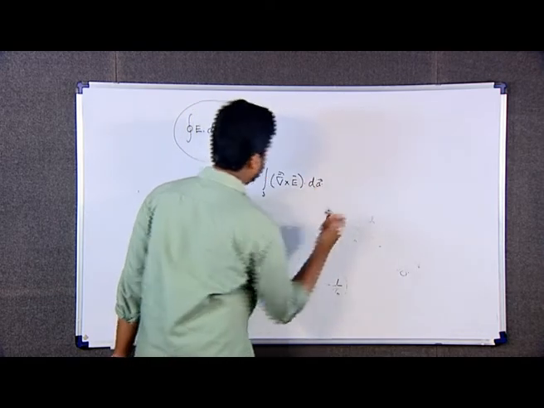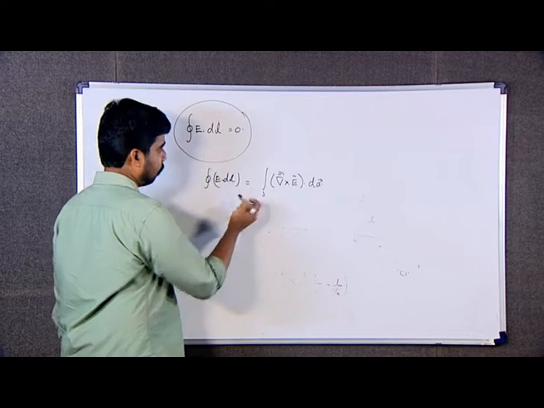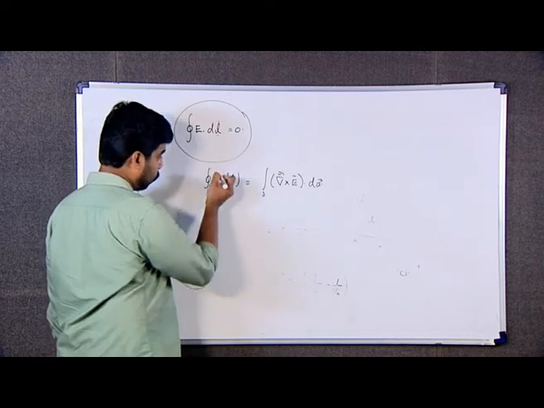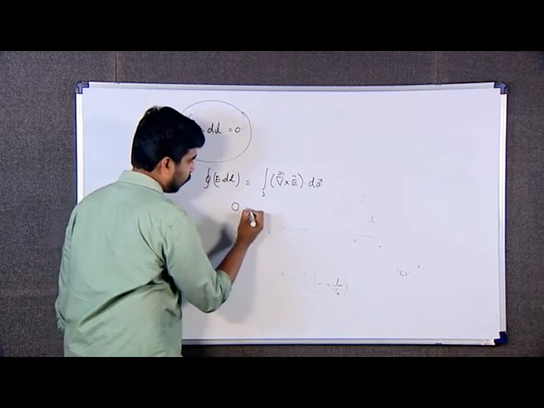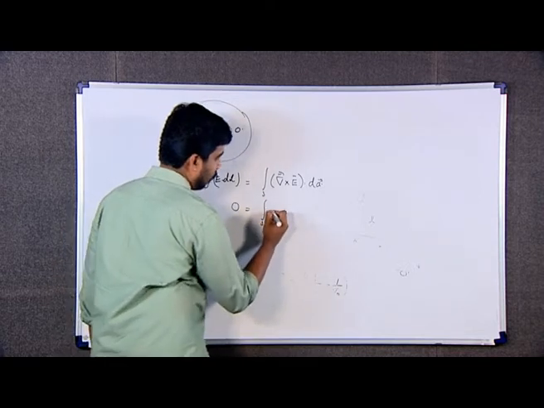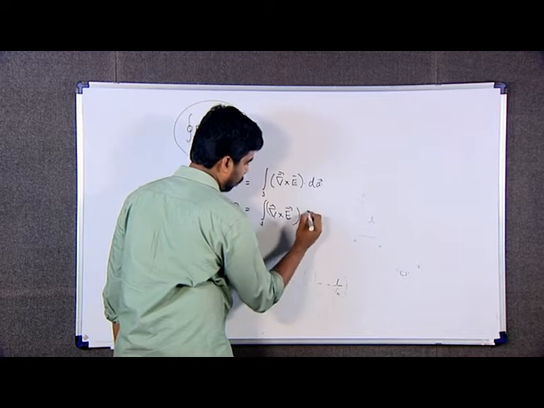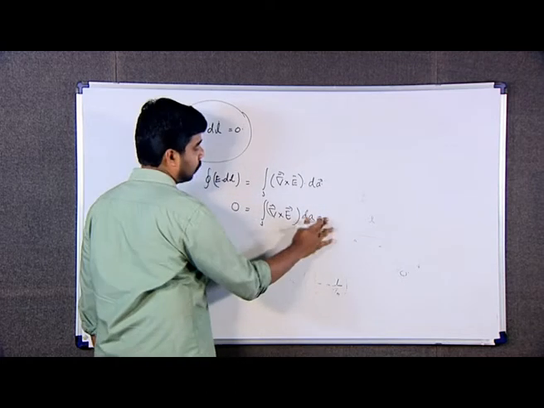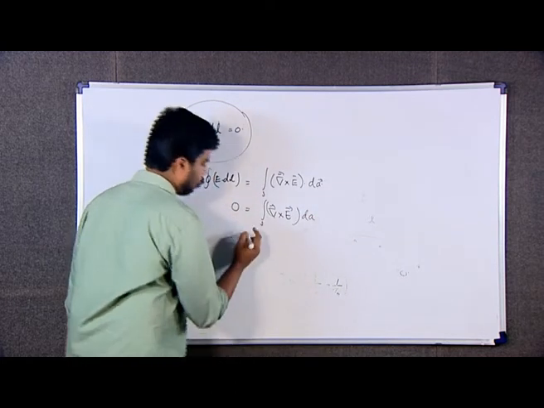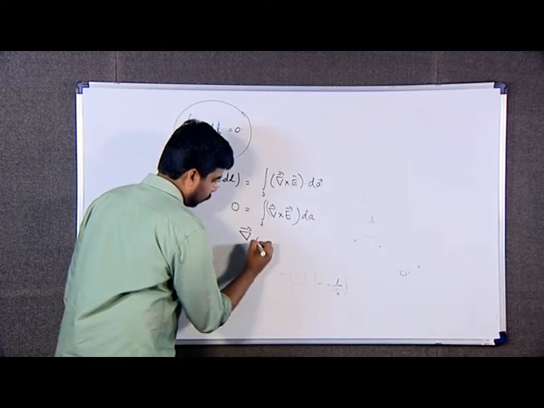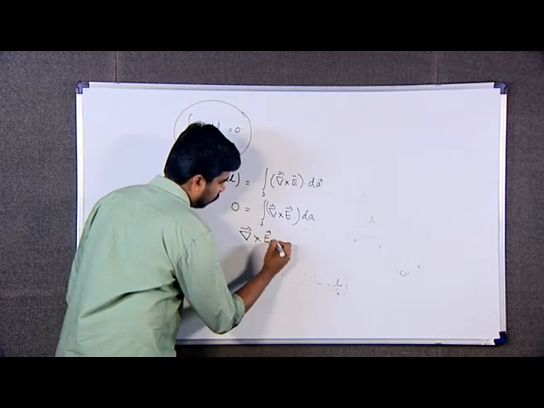This you know, and we know that closed integral E dot dl is equal to 0. That means integral of del cross E dot dA is equal to 0. This dA can't be 0. So, in such a case del cross E must be 0.